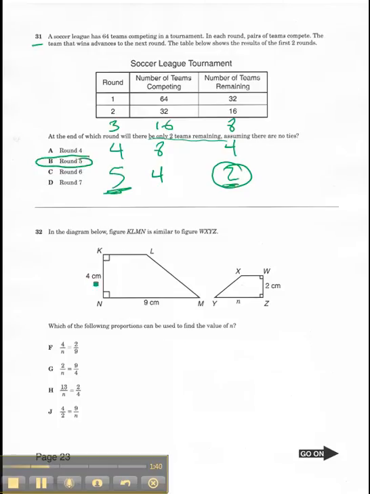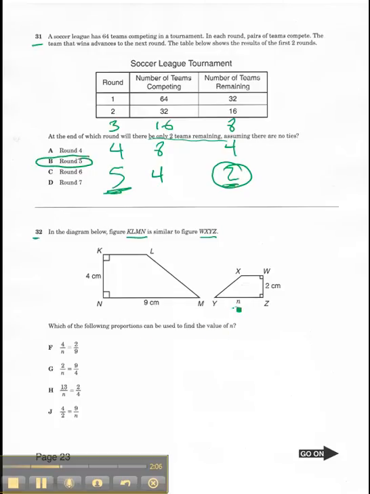Problem 32. In the diagram below, figure KLMN is similar to figure WXYZ. These 2 right trapezoids are similar, and so we want to answer this question: which of the following proportions can be used to find the value of n?